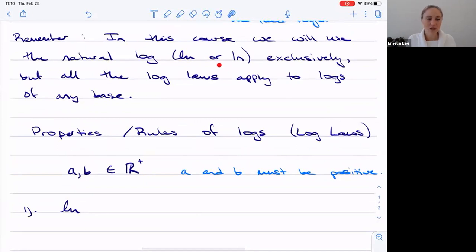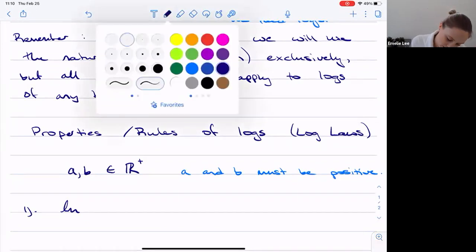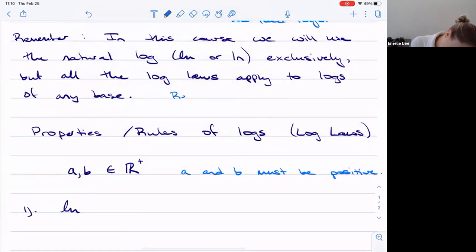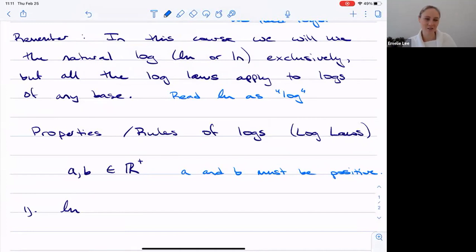So I read ln as log. Whenever I see an ln, I just read it as log. I know that's confusing to a lot of people when you're first starting. Then you get into the groove and then it's fine. And oh, okay, when she says log, I think ln, right?